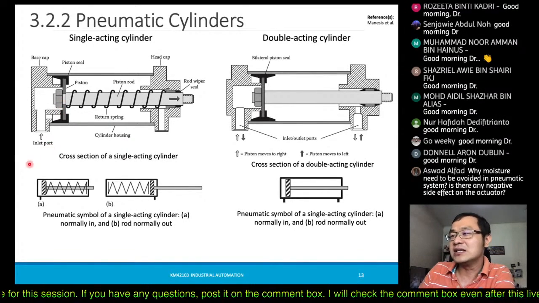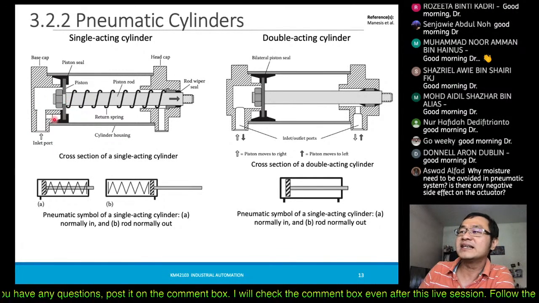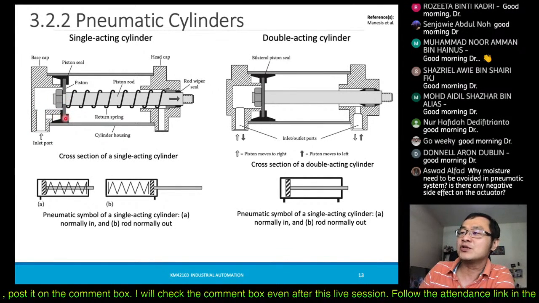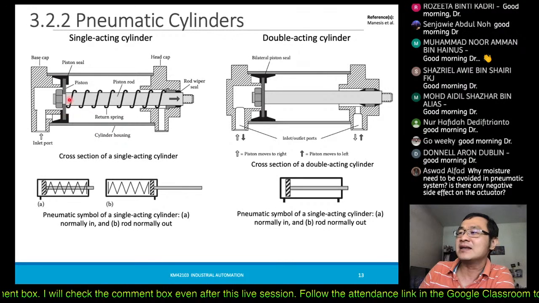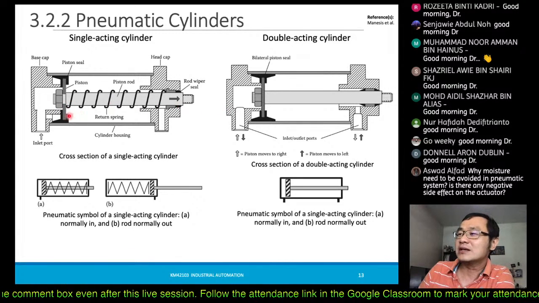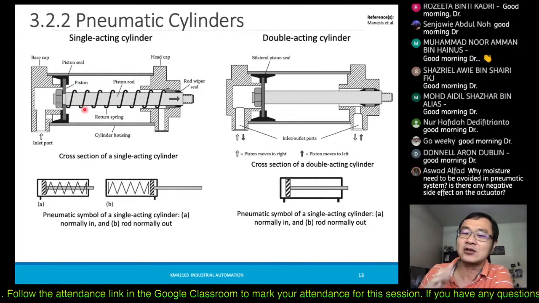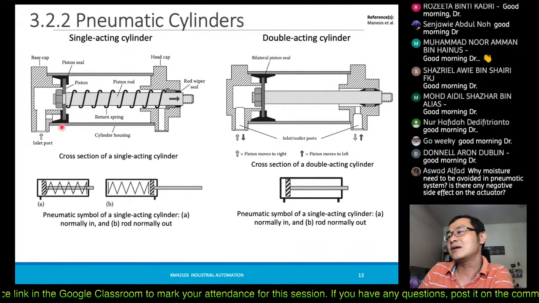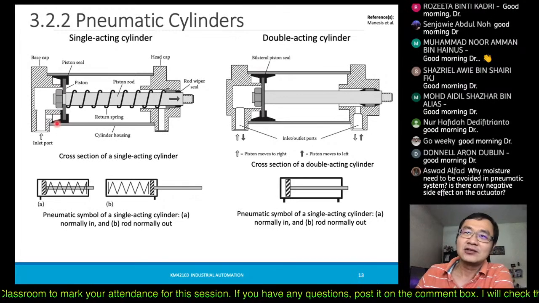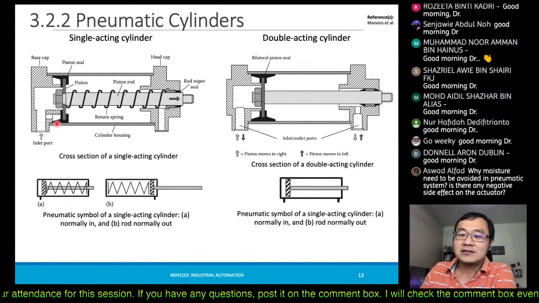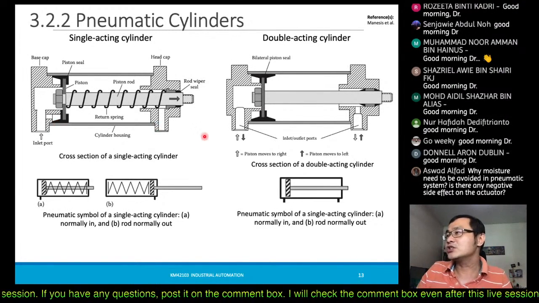So that's why we intend to avoid water getting into it, or else it will get stuck inside, and this piston will later not be able to return to the position that it is intended to, as well as create corrosion internally. I hope that answers your question.